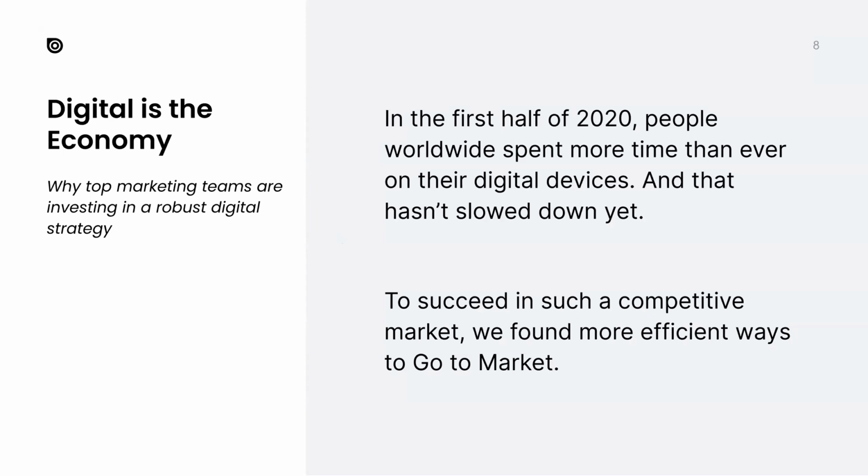In the first half of 2020, people worldwide spent more time than ever on their digital devices, and that trend really has not slowed down. So this makes a really competitive space, which can seem intimidating for new marketers or people who are just trying to get their digital process kind of up and going.